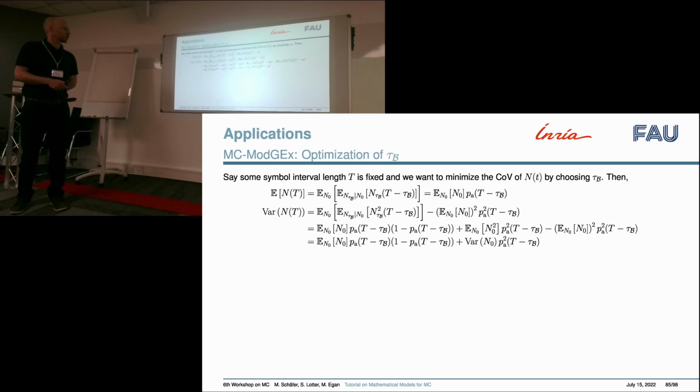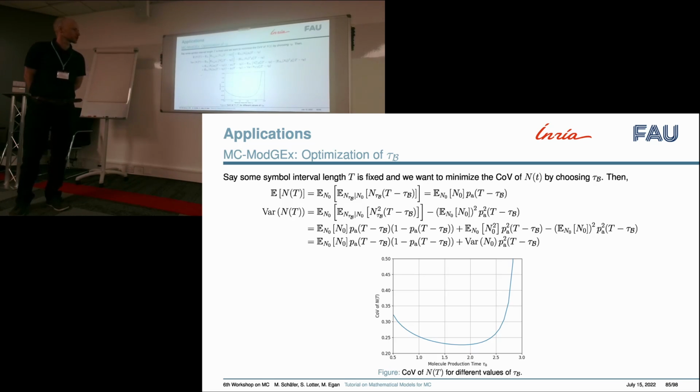What we end up with is, of course, an expression for the mean in terms of the absorption probability PA and the mean number of signaling molecules, and also a similar expression for the variance. And from this equation we could finally observe the trade-off that we have in choosing the release time of the molecules, tau b, in terms of the coefficient of variation of the observed signal, right?